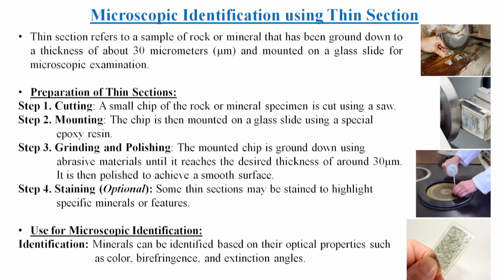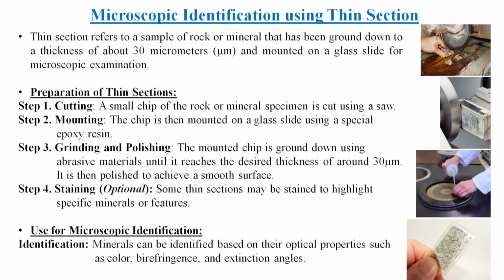So when you are in the field, you can't really determine minerals, unless you have some prior theoretical background in your mind on how to recognize a mineral that you can directly see within a rock in the field.